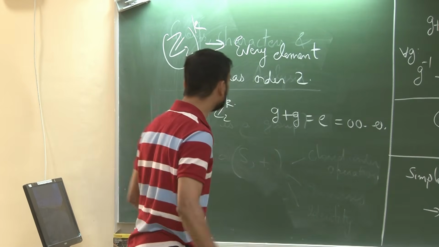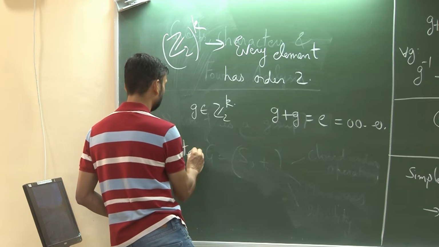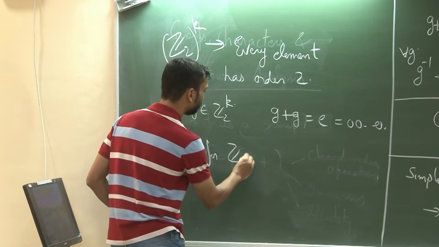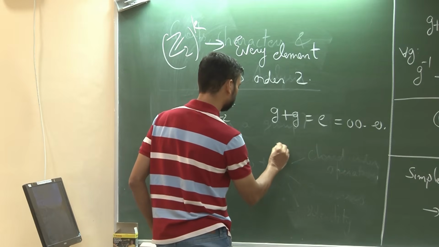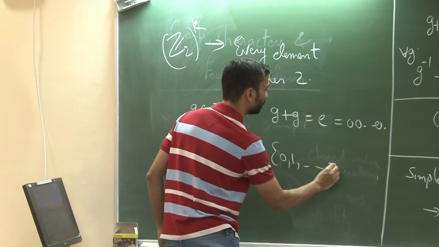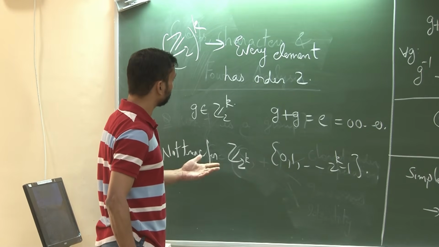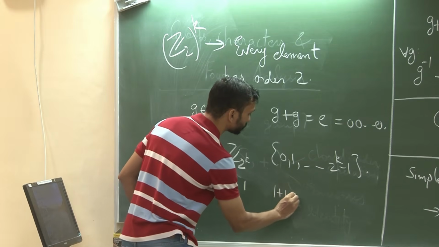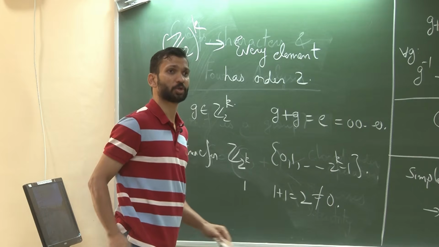And this is definitely not true for Z_(2^k). For example, the elements are 0, 1 up to 2 to the power k minus 1, and if I take element 1, 1 plus 1 is 2, which is not 0, which is not the identity.